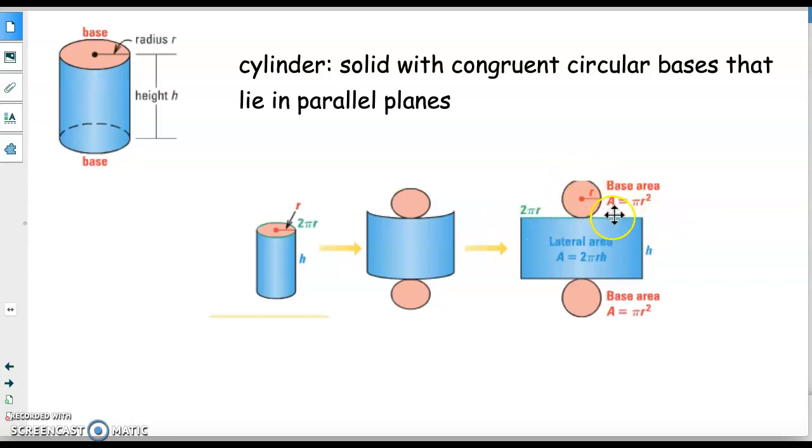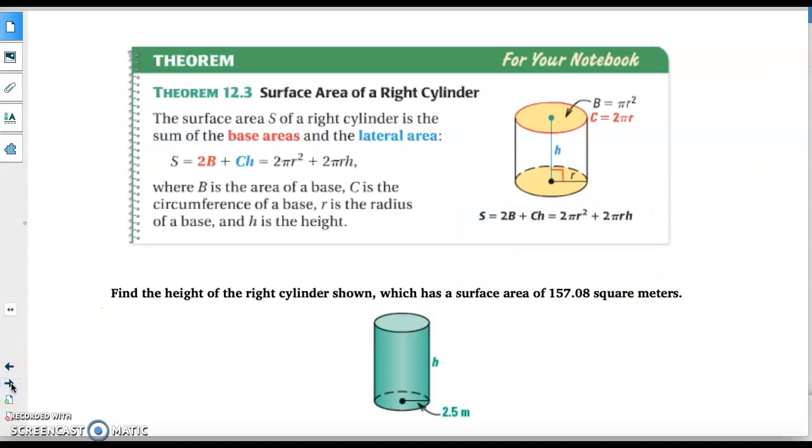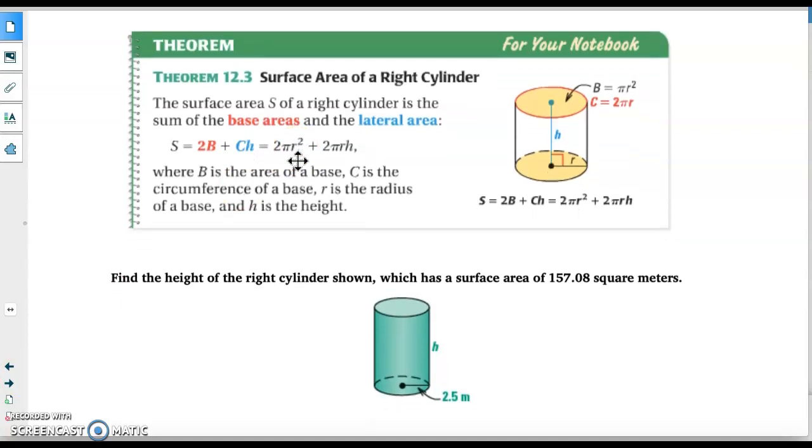So this distance is the circumference, or 2 pi r, and this distance is just the distance between the two bases, or the height of the cylinder. So the area of this blue rectangle is just equal to the circumference, 2 pi r, times the height of that cylinder. So here is the formula, if you will, for finding the surface area of a cylinder.